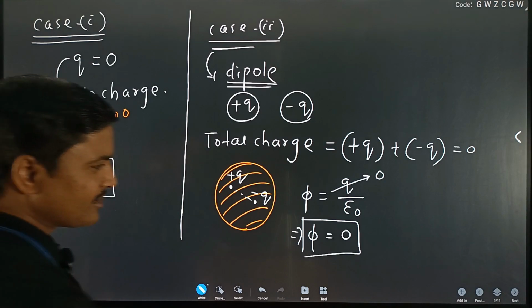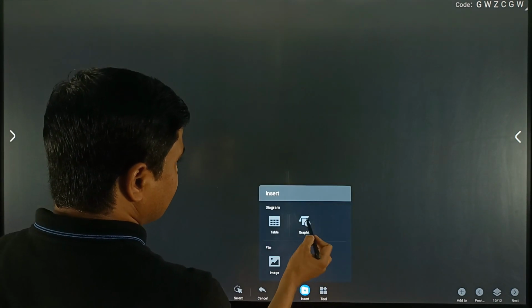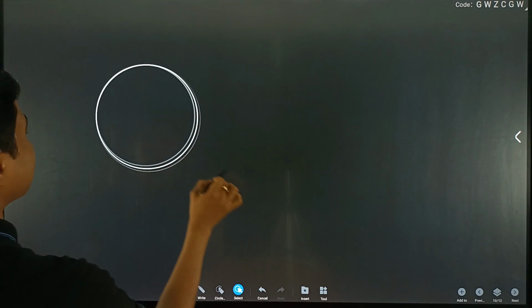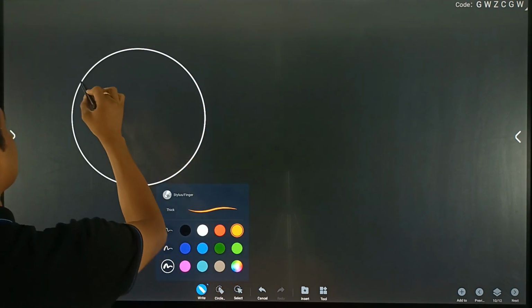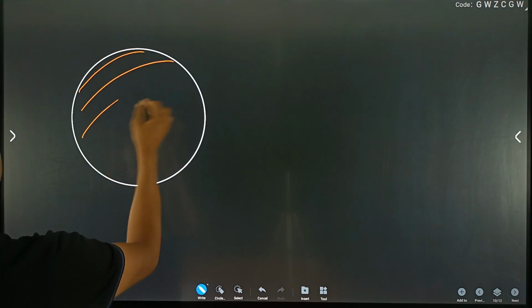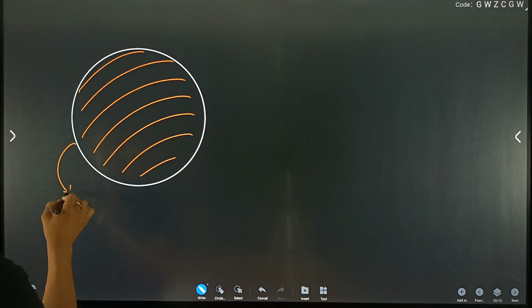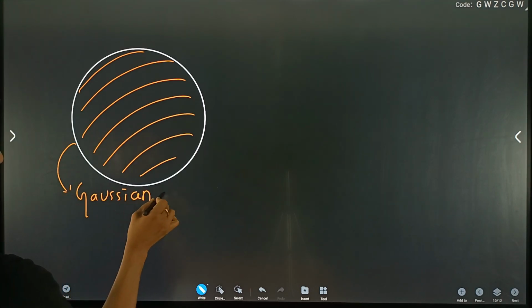Clear? Suppose another case, another small example. Suppose you take a closed spherical surface, and this is the Gaussian surface.